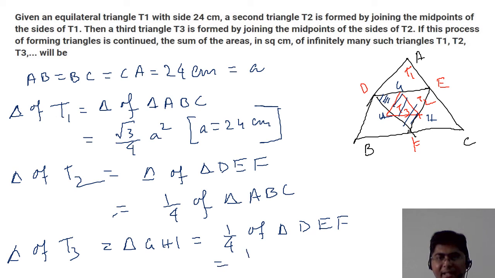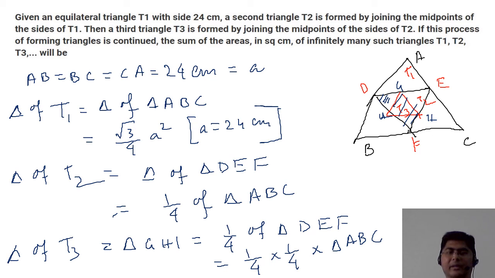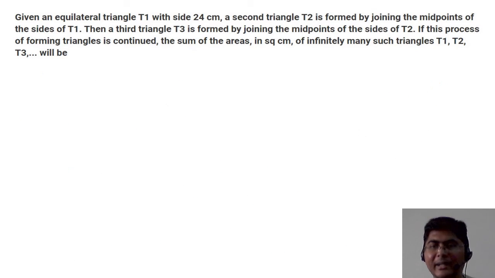So can I say 1/4 into 1/4 into triangle ABC? Now once again, just look at the formula. First, triangle T1, which is the area of ABC. Second is 1/4 of ABC. Third is 1/16 of ABC. Now we can find a GP series. Now let us write it down.